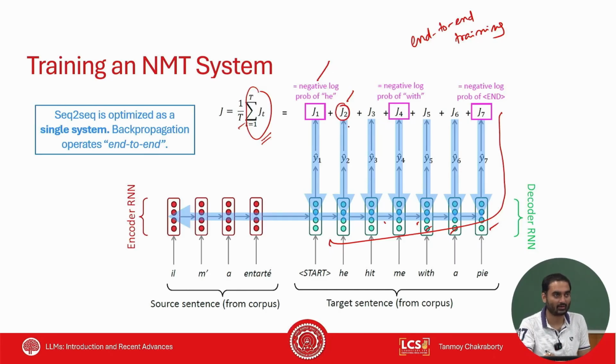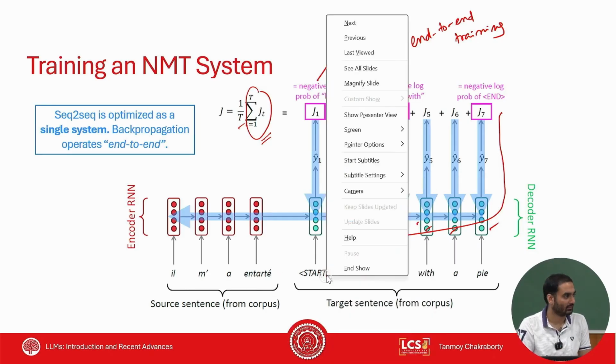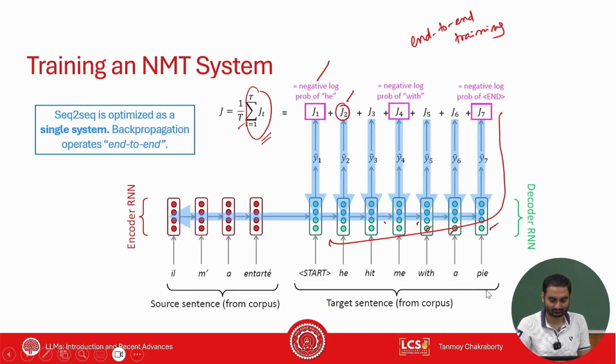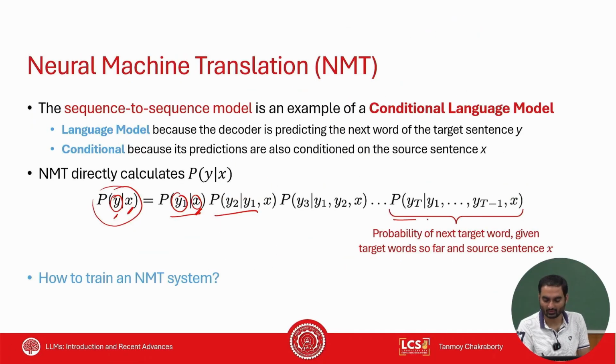This is probability of Y2 given X and Y1, right? And so on and so forth. The last word will be probability of Yt given Y1, Y2, Y3 dot dot dot Yt minus 1 and X, right? So conditioned on the tokens that you have generated so far and the input.